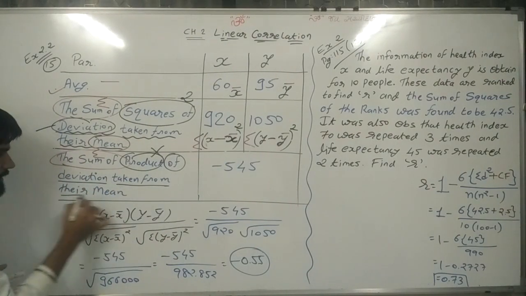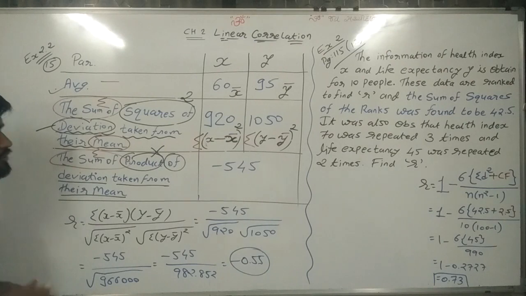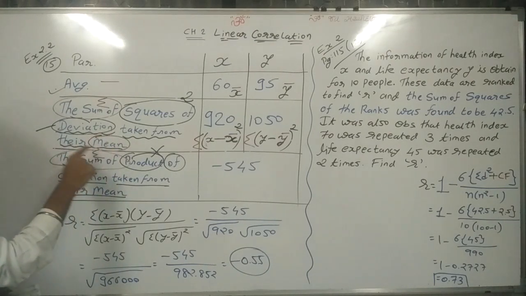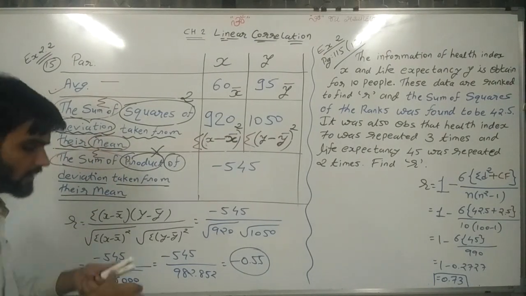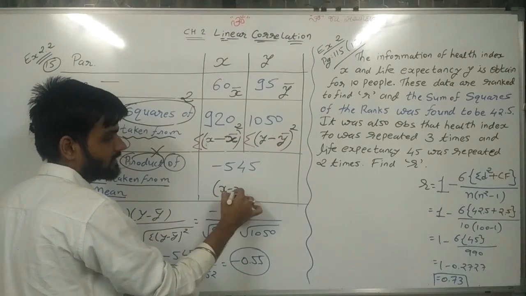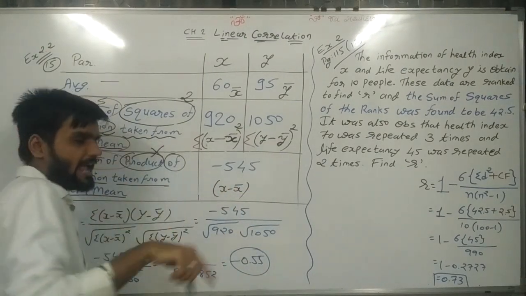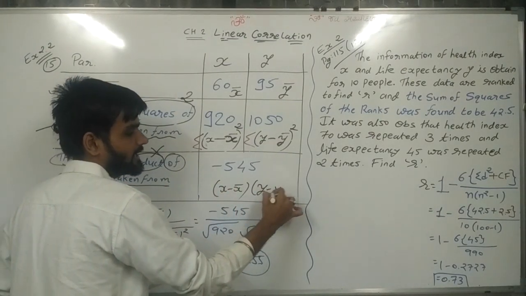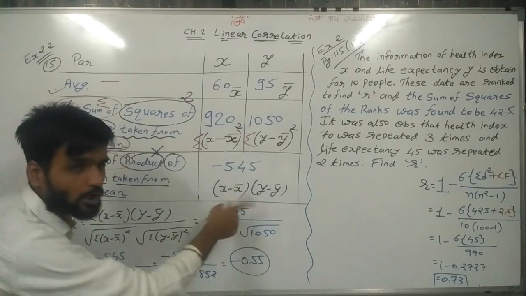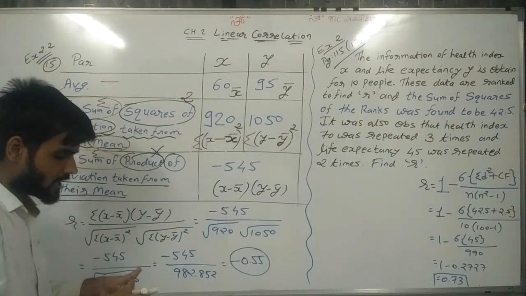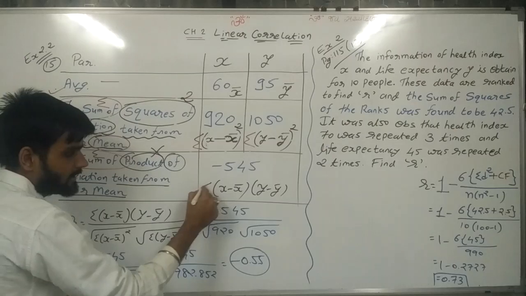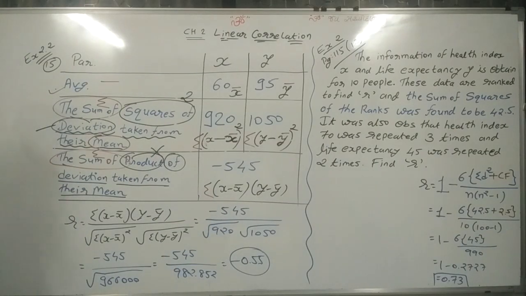Deviation taken from their mean. Same situation: taken from their mean means x minus x bar and y minus y bar, its product means multiplication, and sum means sigma.